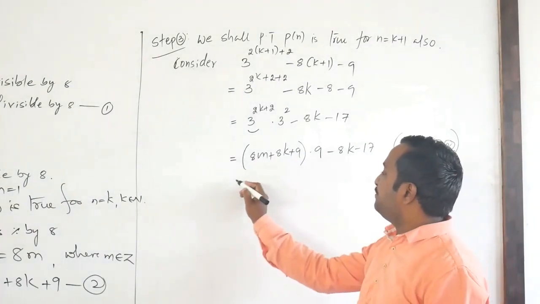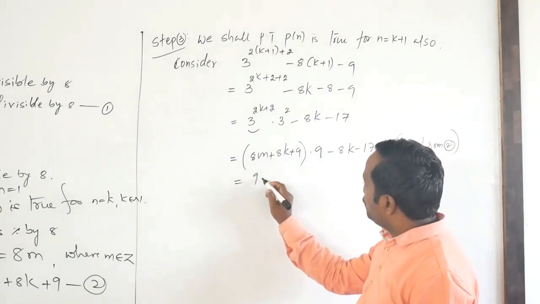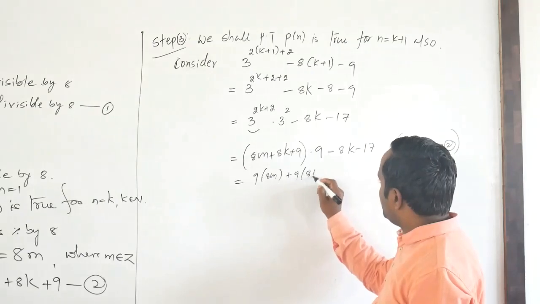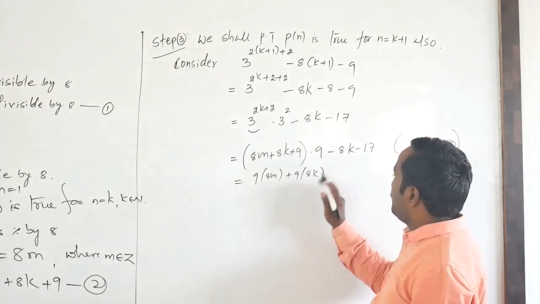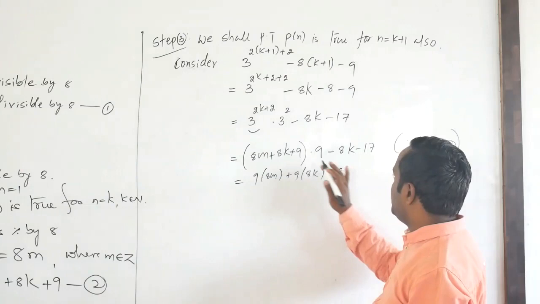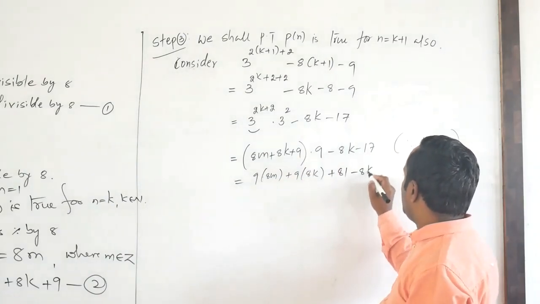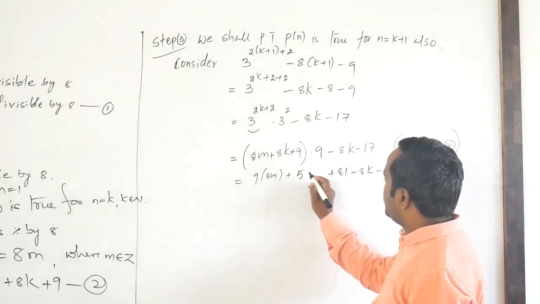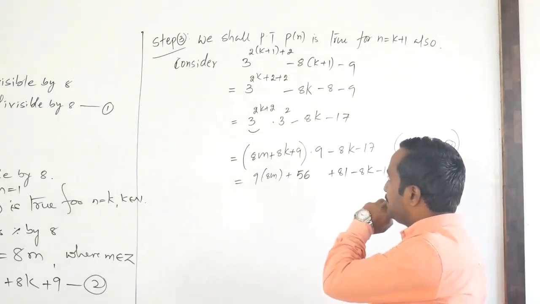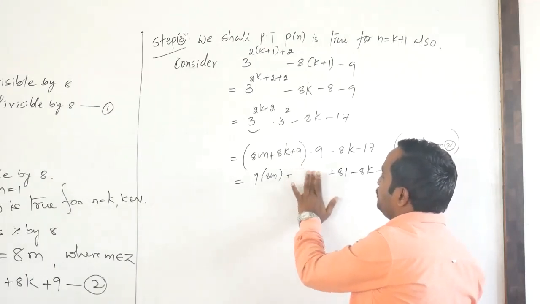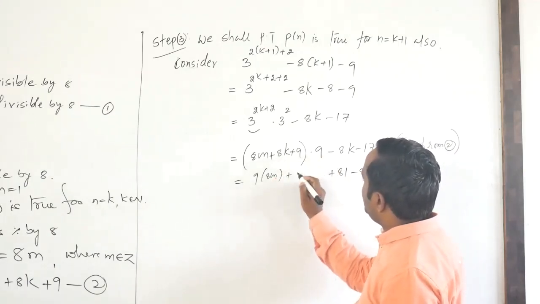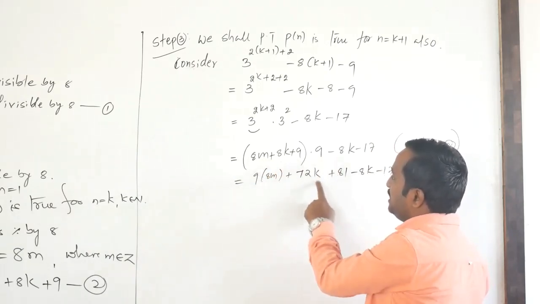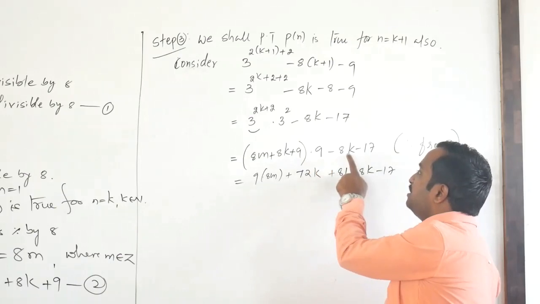Now further simplify. 9 into 8m plus 9 into 8k plus 9 into 9 which is 81, minus 8k minus 17. Multiply: 9 into 8m, 9 into 8k is 72k, 9 into 9 is 81, so minus 8k minus 17.